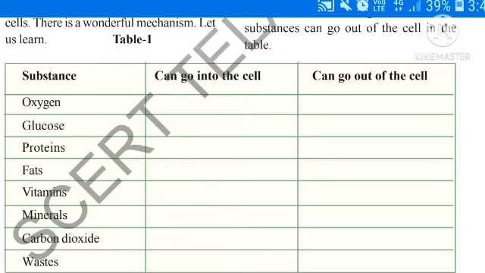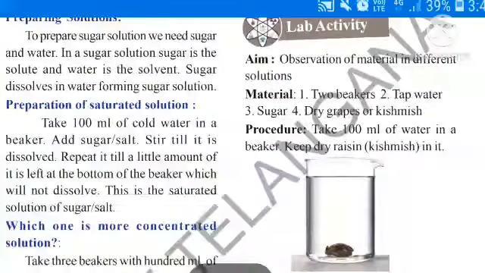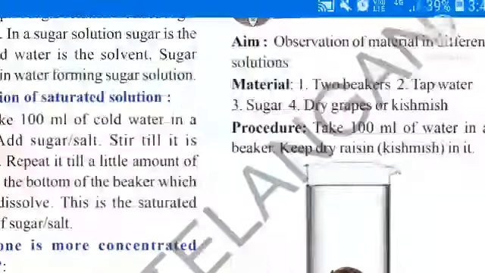Waste material is also eliminated, like urine and remaining nitrogenous waste materials excreted through the anus. That is table 1. They have given here a simple lab activity. See here, observation of material in different solutions.